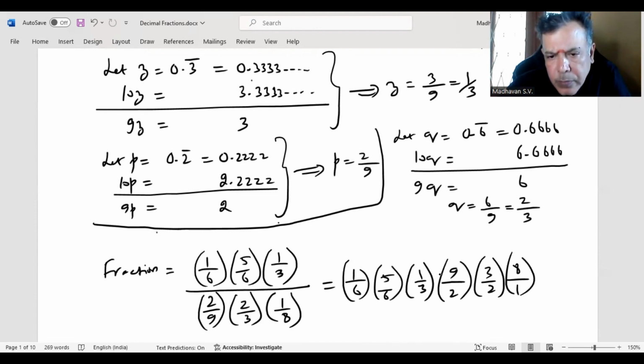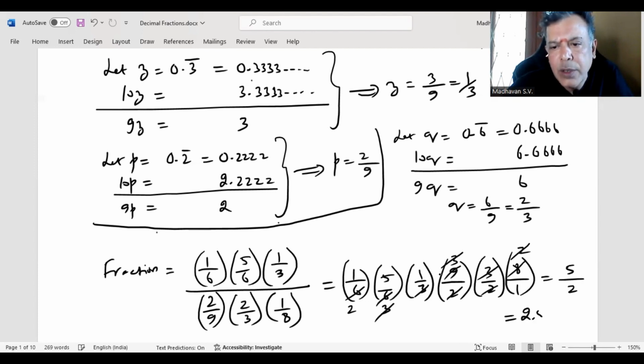So now we may think about cancelling. 2 2s are 4, 2 goes 2 times. This 3 and this 3 get cancelled. And here 2 3s are 6, 3 3s are 9, 3 2s are 6. Ultimately, we get 5 in the numerator, 2 in the denominator. 5 by 2 is 2.5. That is the solution for this.